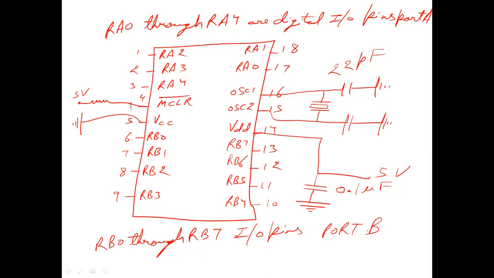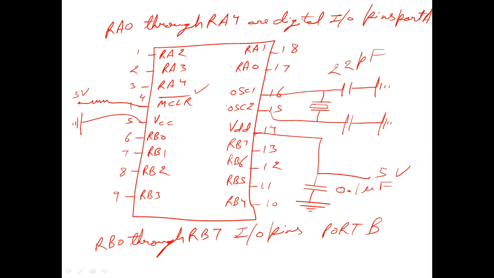Now we also have this MCLR pin. Now this is called master clear pin, and it is active when low, and it provides a reset feature, right? So when we have to reset the microcontroller, this pin is used.